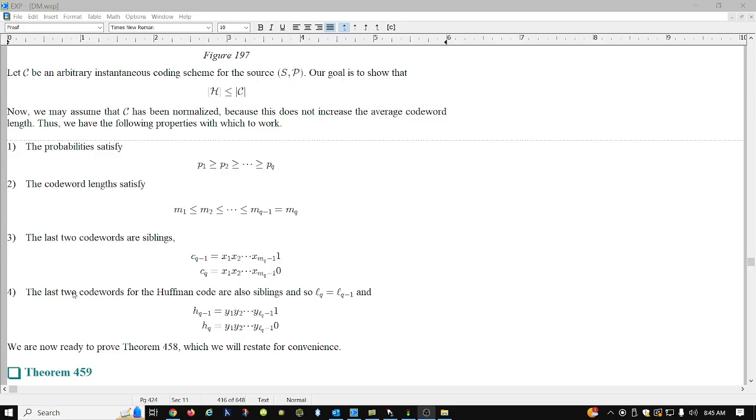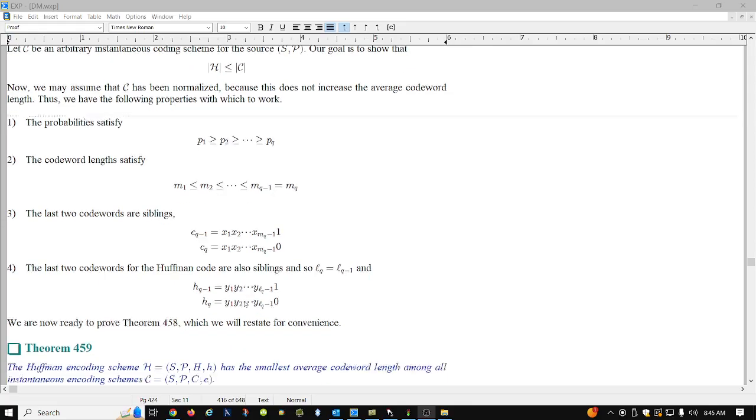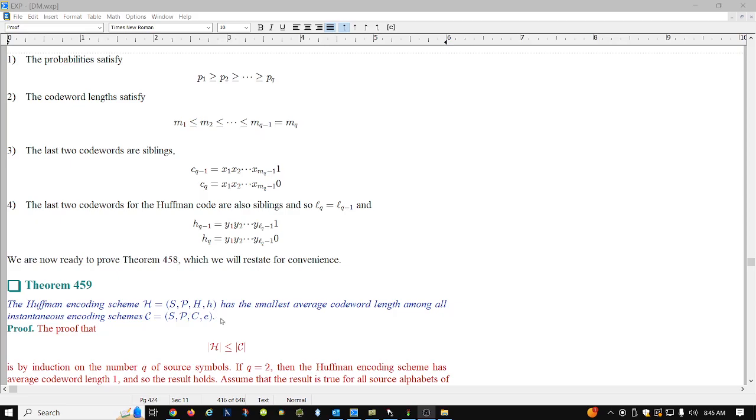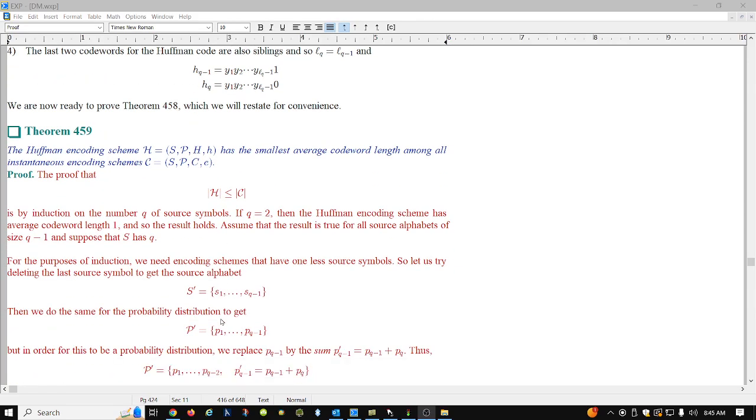And as we've just discussed, the last two code words for the Huffman code are also siblings. So I've written them here. So this is what we have to work with, because we've normalized C and because we've already made this remark about the Huffman codes. Here's the theorem again. I just restated it so we can begin the proof.